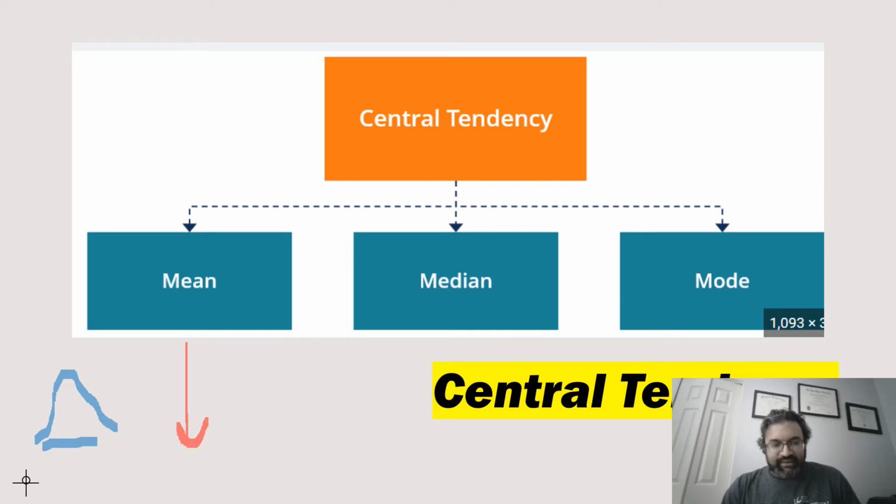But I want to show you something as well. Here is the standard normal distribution. So what is going on for the mean and what is going on for the median? The mean is equal to the median.